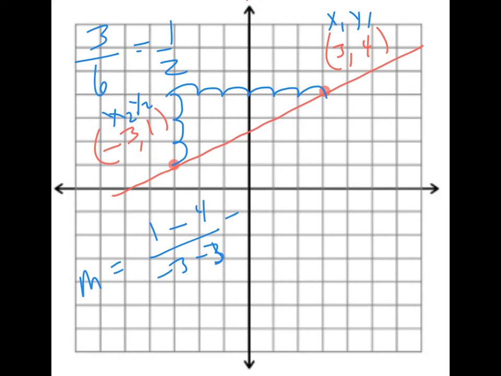If we do the work then, 1 minus 4 is negative 3, and negative 3 minus 3 is negative 6, which becomes a positive 1/2. So we get the exact same thing, whether we count the slope or calculate the slope. So there you go, slope.